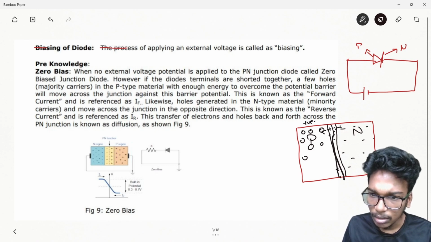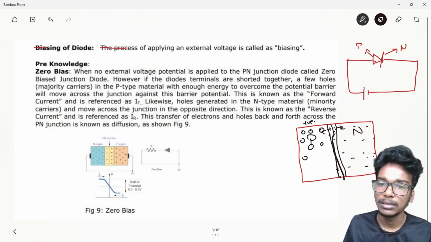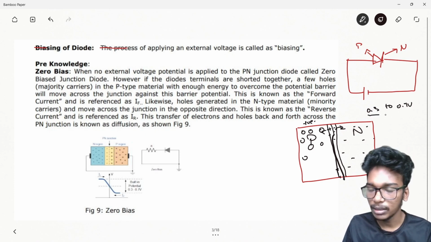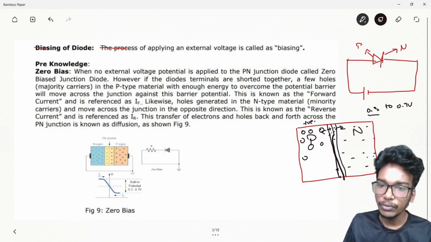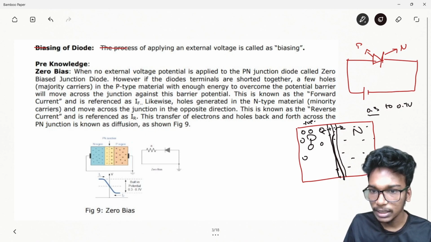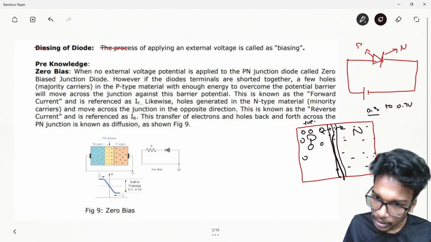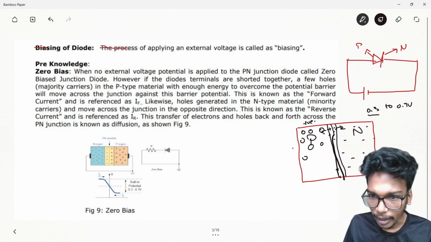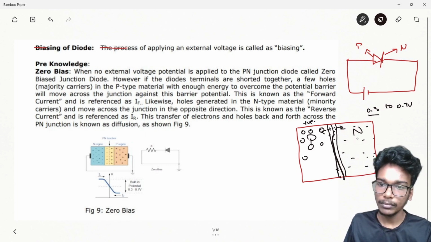These are bonded with adjacent electrons. To break this bond, we need a certain voltage, certain energy. That voltage is known as the forward bias voltage that we discussed, right? 0.3 to 0.7 volt. Why we need to apply at least this much voltage is we have to break this bond between adjacent layers so that the electrons can pass from this side and positive ions can pass from this side so that current flows through the diode.